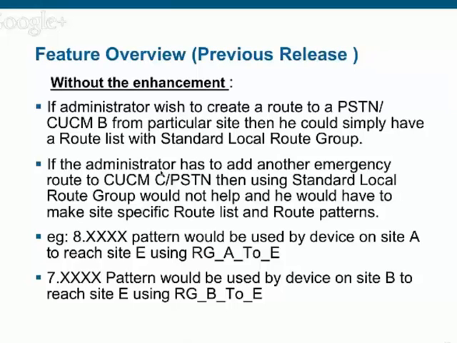When you configure site A for THO, you used to create a route list and point it to the route group which includes site B, where you want to originate the call out of your system. So you used to select the site B route group and put it there.